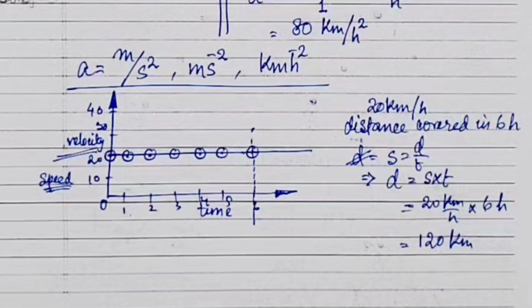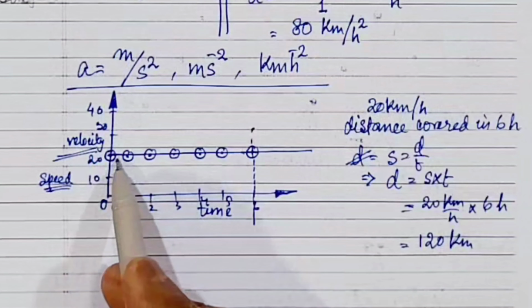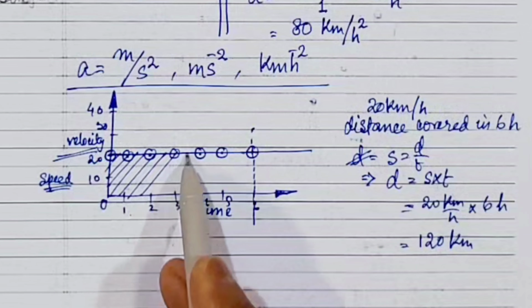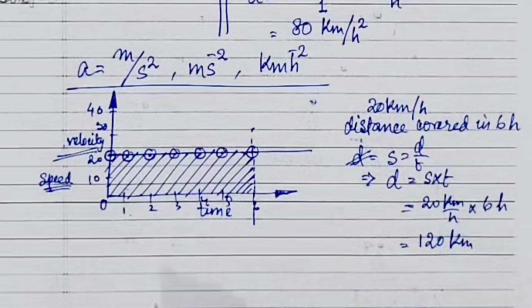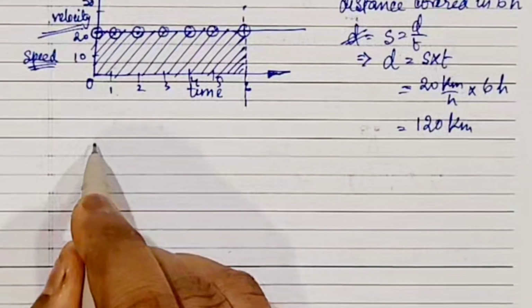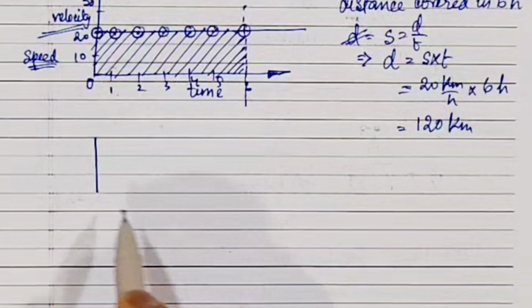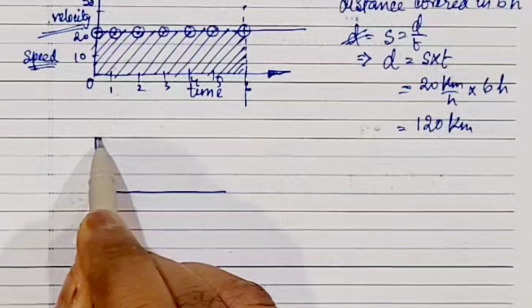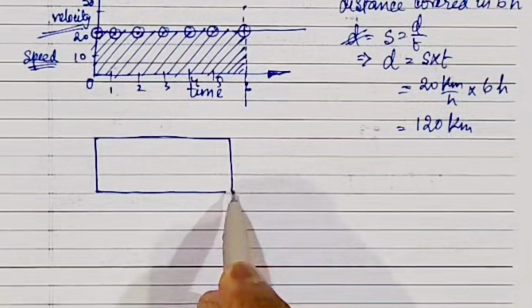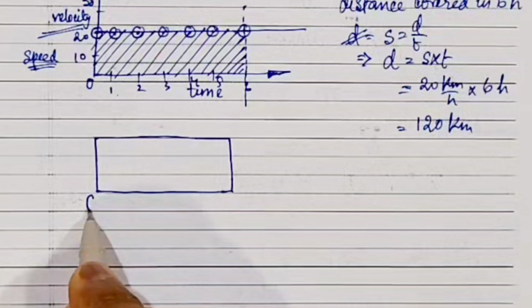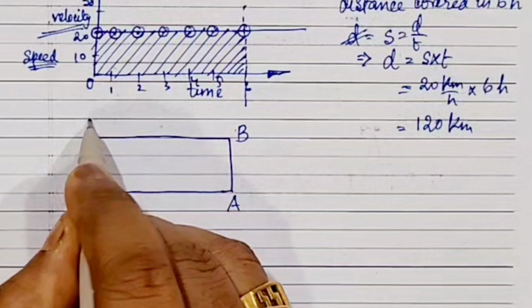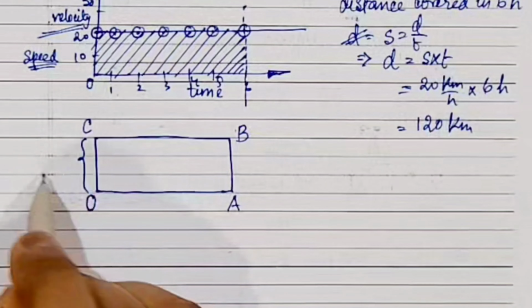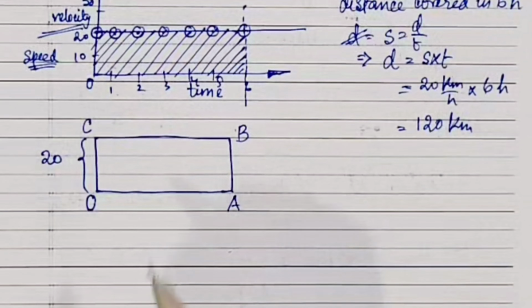Now let's look back at the graph. If I shade this entire region, and then pick it out and draw it separately, here I have a rectangle starting at the origin point. Let's say OABC. This height is 20 kilometers per hour.